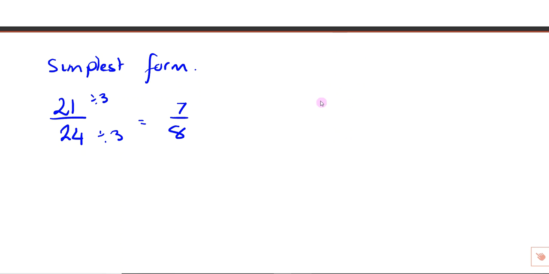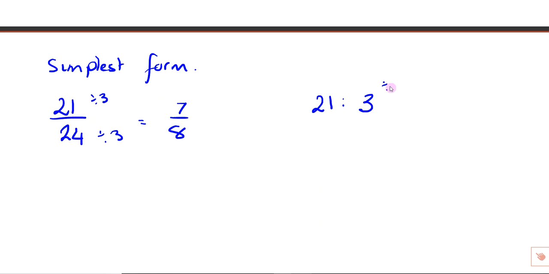So if I've got 21 to, what would the ratio be? 21 to 24, okay? So that ratio would represent the fraction that I'm talking about. So what would simplest form be of the ratio?